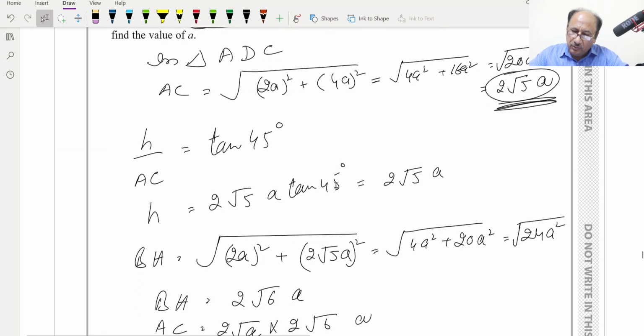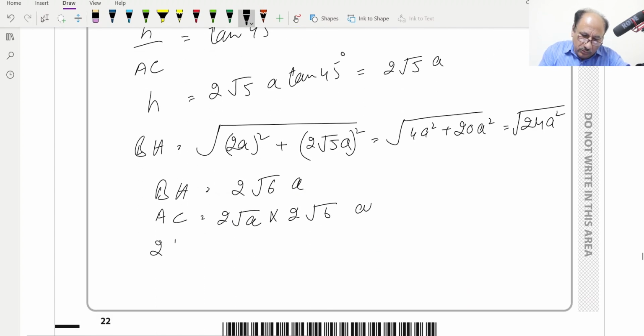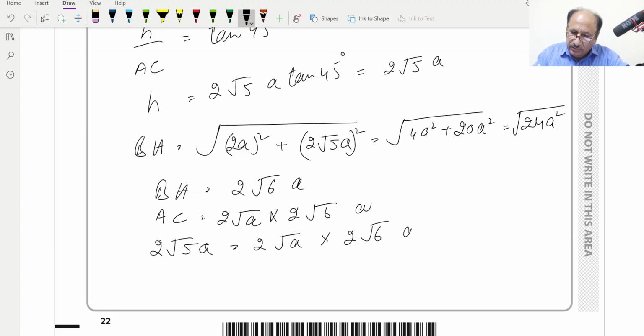So this is 2 under root 5A, so we can write here 2 under root 5A is equal to, 2 into 2 will be 4, or otherwise I'll write as it is, and then we will be cancelling. This will be 6 under root and A, and 2 can be cancelled with 2, and A we can cancel with A, and the remaining things we can write as 5 under root is equal to 2 under root 6 and under root A.